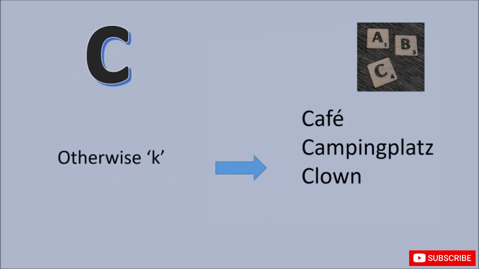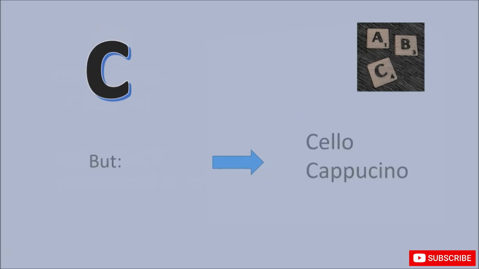Any other letters? It's just a K sound. Kaffee, Campingplatz, Clown. And these are most likely all foreign words. There is an exception. Some foreign words are pronounced differently. Cello, cappuccino. But they're clearly foreign words, not original German words.